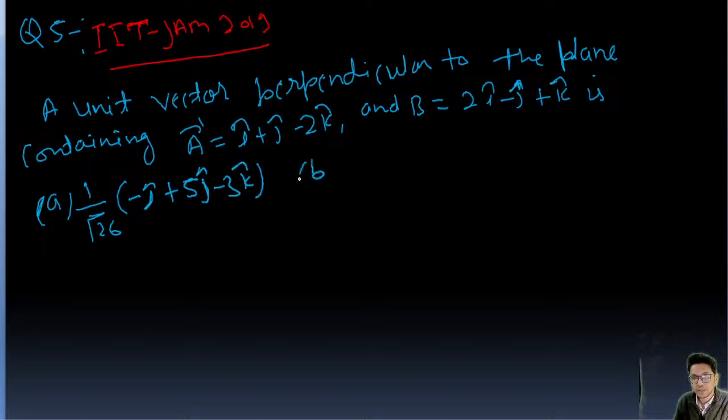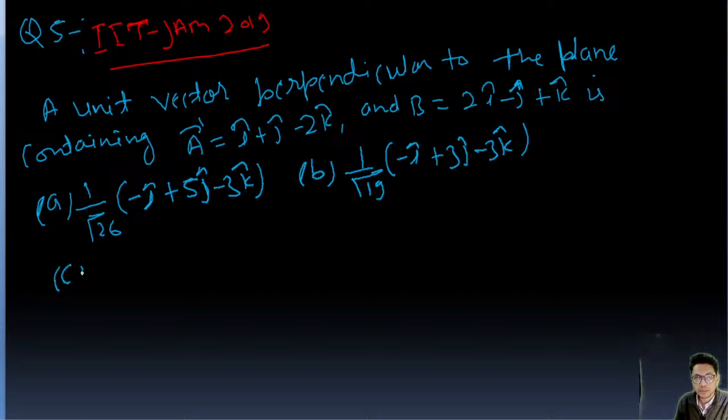Option B is 1 upon root 19 into minus I cap plus 3 j cap minus 3 k cap.